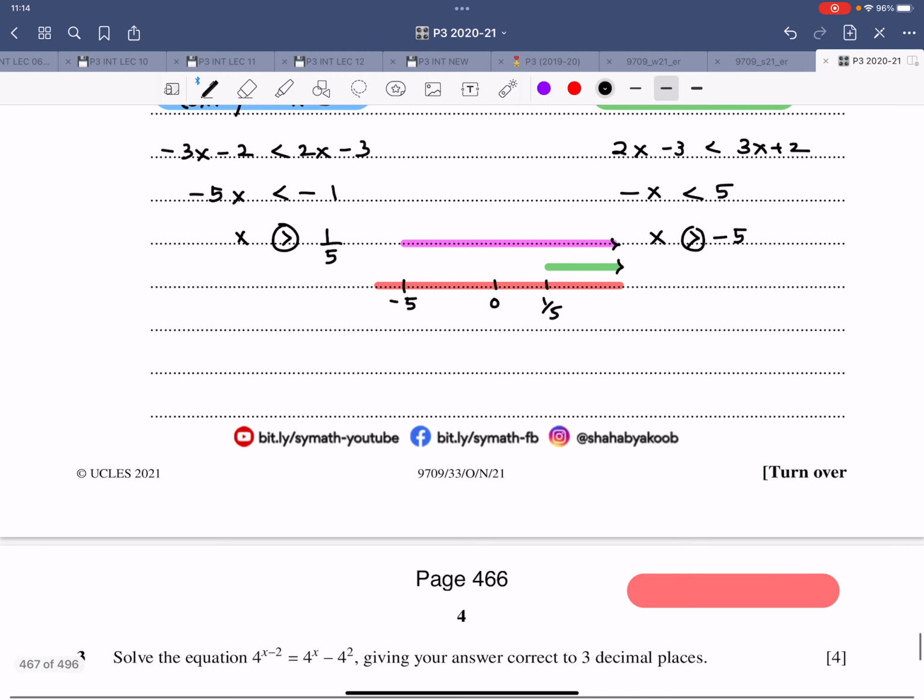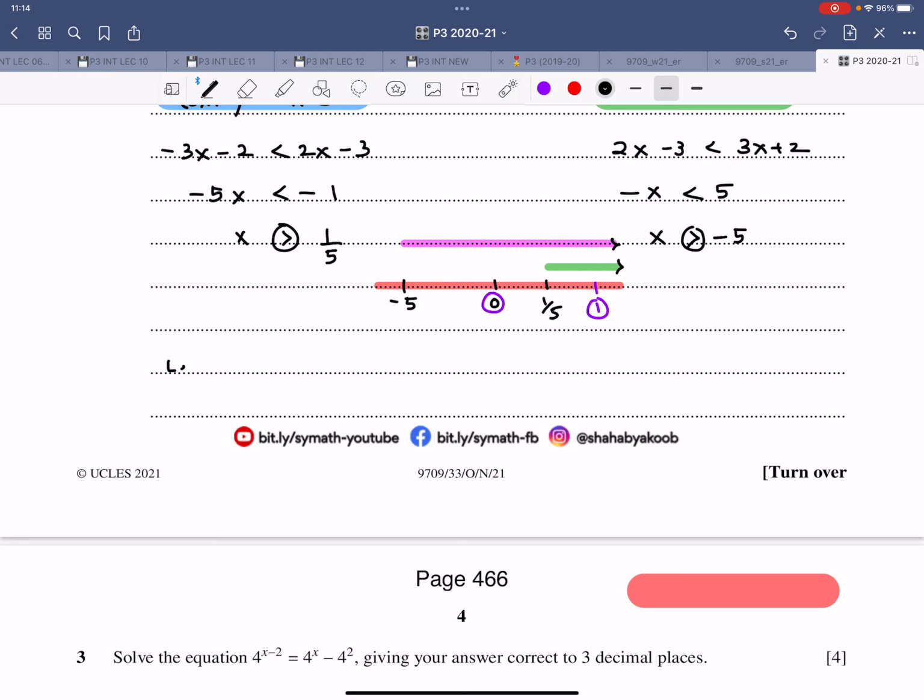So let me choose a value from each region, for example 1, and a value from here, negative 2, or 0 is also perfectly fine. I can also choose 0. Now let me plug in the value.